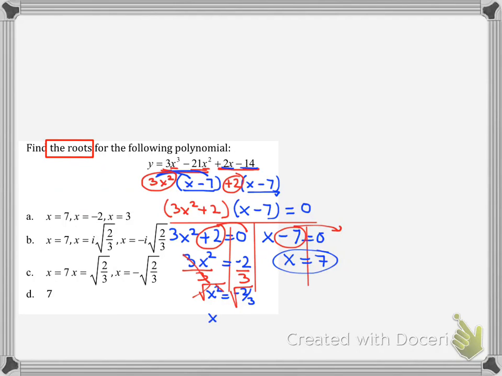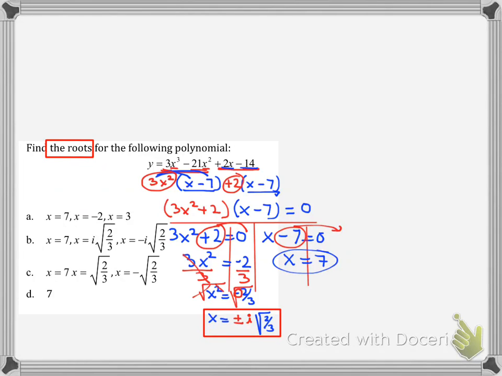And I just have x equal to, remember that whenever you take the square root on both sides, you have plus or minus. Since we have a negative inside, my answer should have an i. And we're going to leave the square root of 2 over 3 as is. There's a way to simplify that once again, but we'll cover that later on in the class.